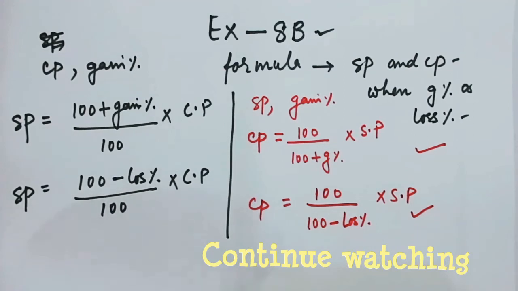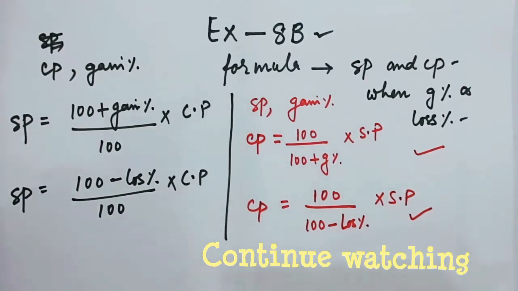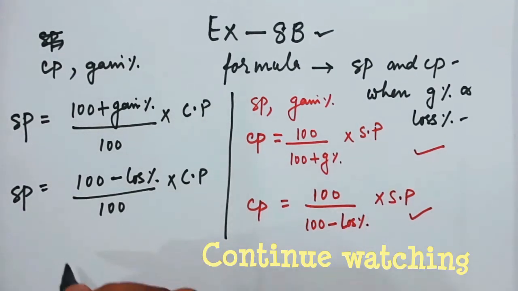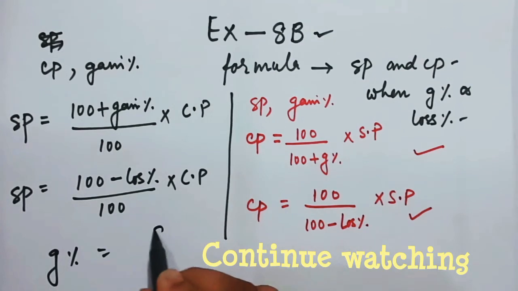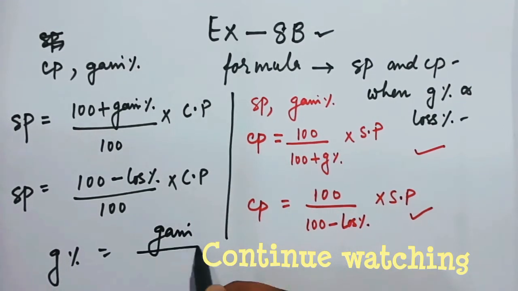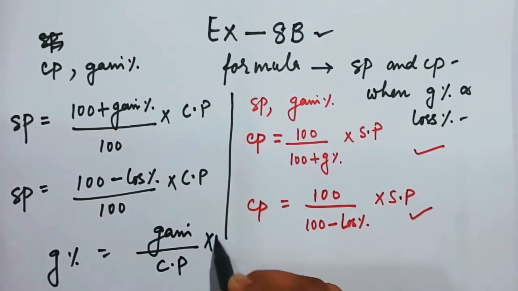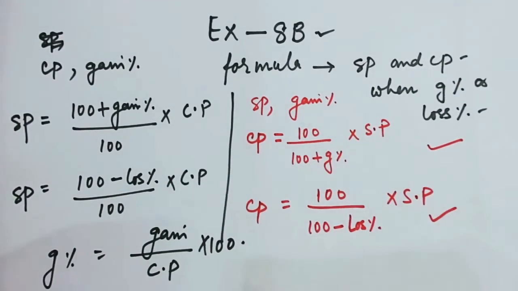And the last formula is that gain percent or loss percent is always calculated on cost price. For example, gain percent will be equal to gain by cost price into 100. This is another formula which we have already studied in our previous session.